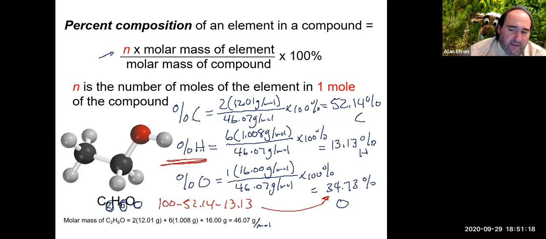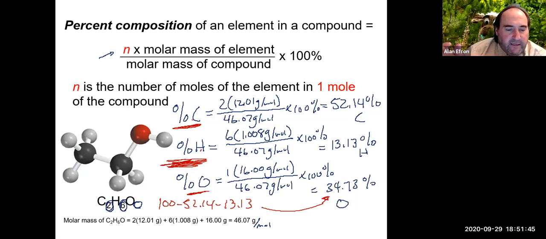So again, that's another way you could have got that last element by assuming 100% and subtracting the percentages from 100. What this tells us is based on mass, most of the mass here is carbon and oxygen, making up about 86% or so of this particular compound, with hydrogen being the least percentage by mass in this particular compound.